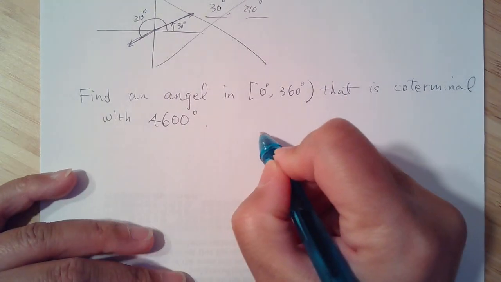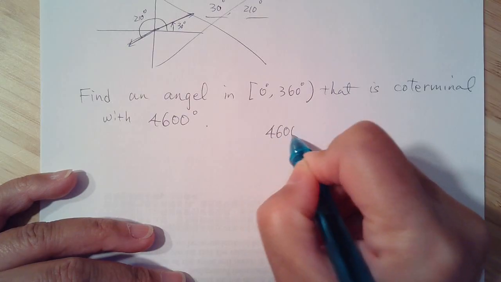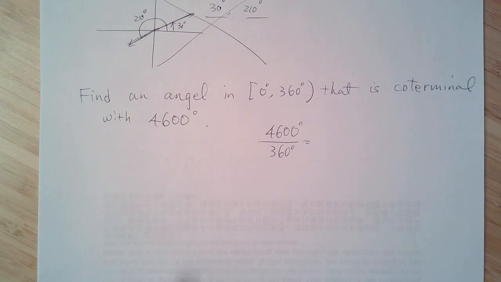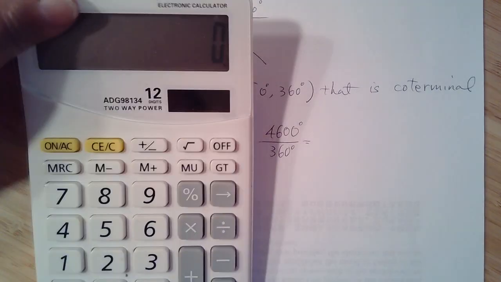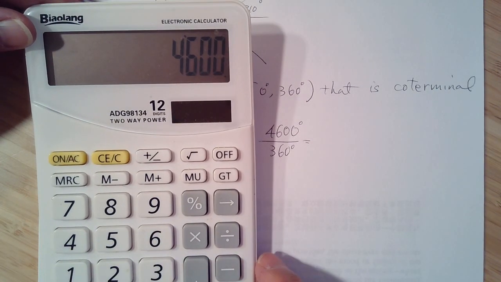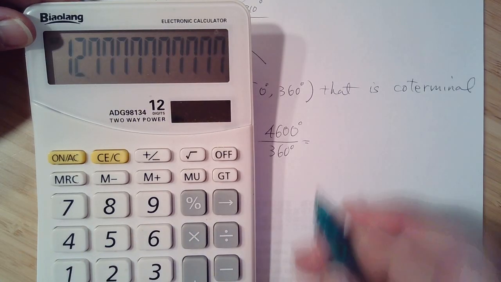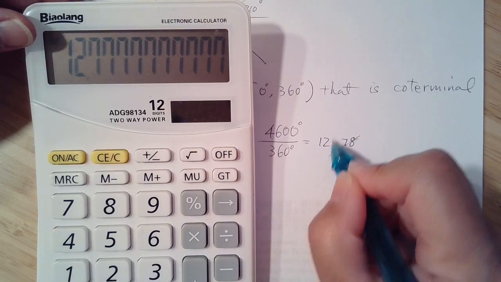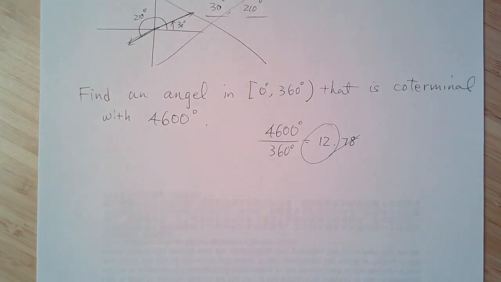Let's do a little calculation. I just want to find how many 360 degrees are in this 4600. So if I do 4600 divided by 360, wow, 12.78. So let me just say this. There are 12 full circles.